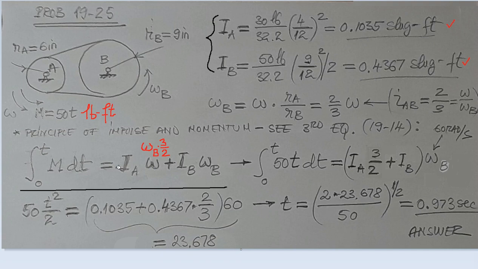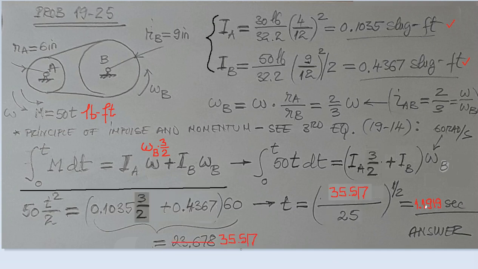So the left hand side is easy. Integral from 0 to t of 50t dt, that's 50t squared over 2. And then to the right we calculated IA and IB, and of course this is no longer correct, so let me pause again and continue fixing the equation. Okay, so more patching of the solution that I photographed here.